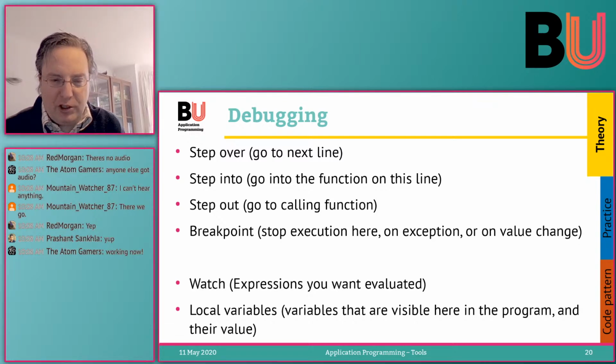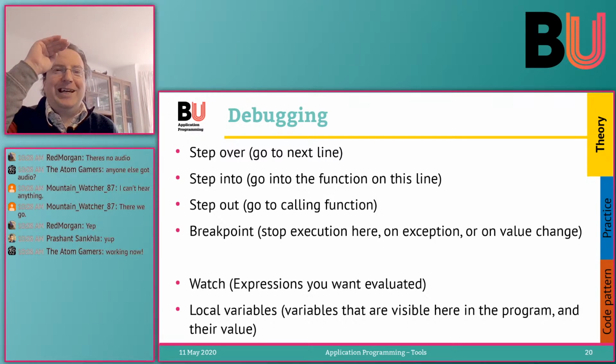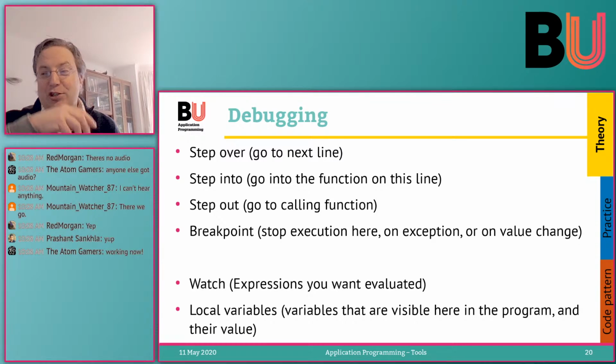The key parts that you do need to know are step over, which goes to the next line of code, and step into, which goes into the next function on this line, so it actually goes into function calls, where step over doesn't. IntelliJ or Android Studio has a smart step into, so you can say, okay, there are a number of functions on this line and I want to go into a particular one.